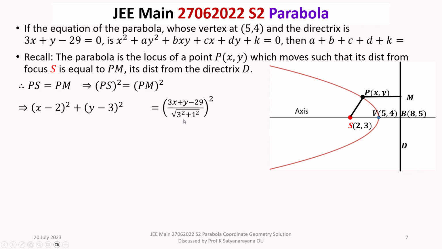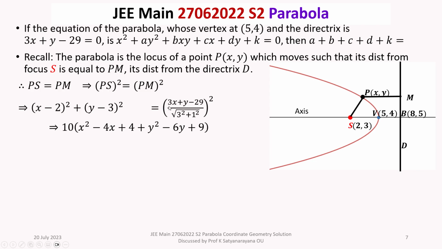Simplify. So root of 3 square plus 1 square, if you square it, it is 10 that will come in the denominator. So this will be 10 times (x minus 2) whole square, x square minus 4x plus 4, plus (y minus 3) whole square, y square minus 6y plus 9, is equal to (3x plus y minus 29) whole square.